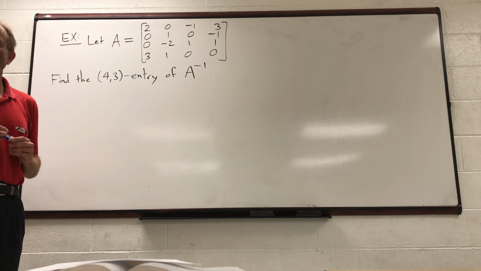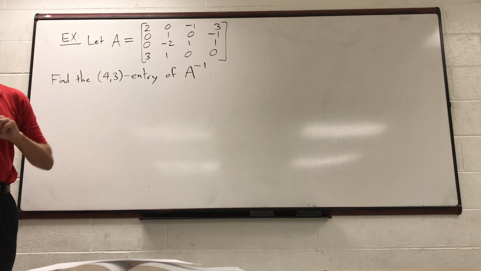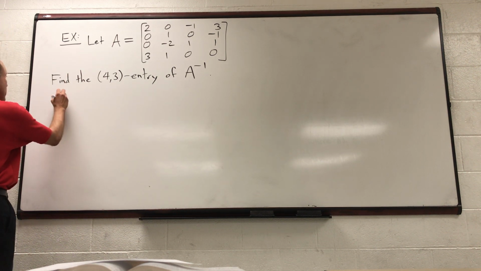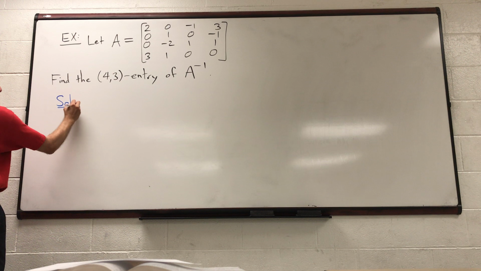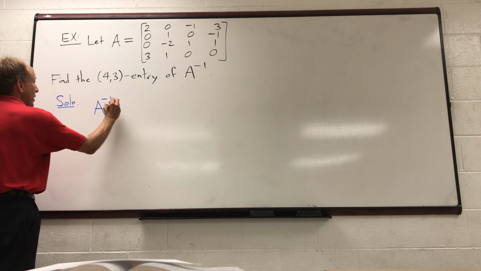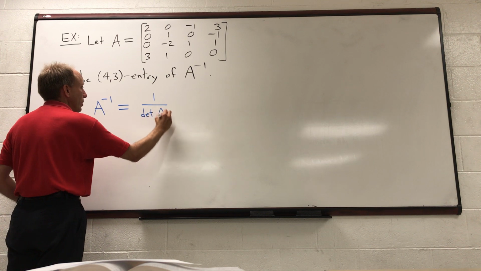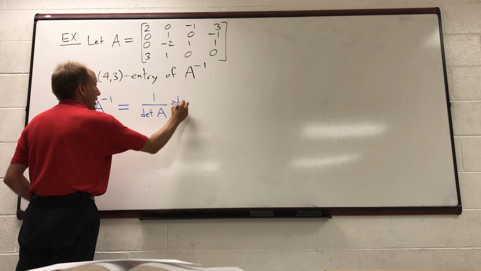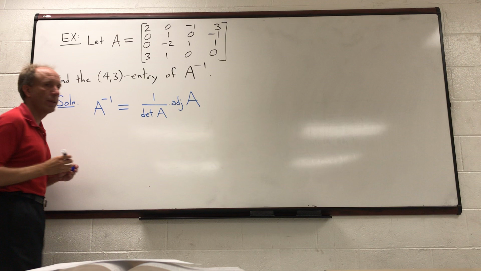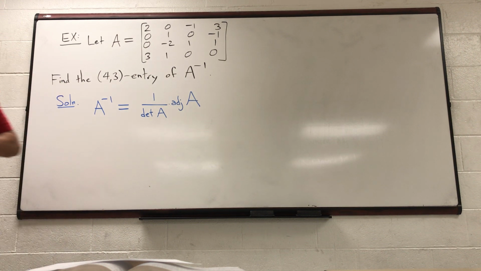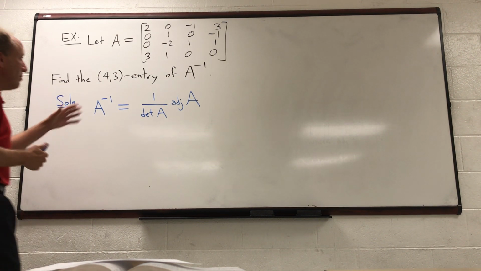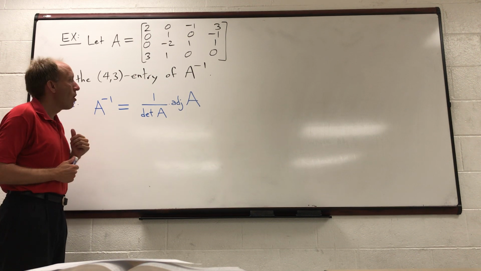Does that make sense? We're going to use the adjoint method to do this. Let me recall the formula, which I'll write down again: A inverse is 1 over the determinant of A times the adjoint of A. This is the adjoint method for A inverse.